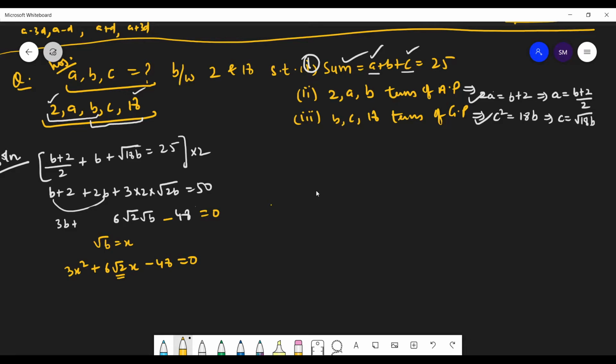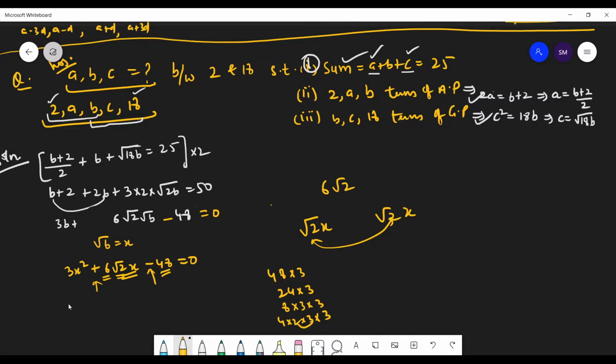So you need a number such that the difference of two numbers will be 6. So 8 multiply 3 is 24 into 3, and then 4 multiply 2 into 3 into 3. So you have the numbers 12 and 6. So you will get plus 12 root 2x minus 6 root 2x minus 48 equals to 0.